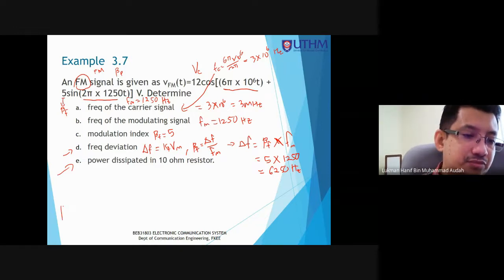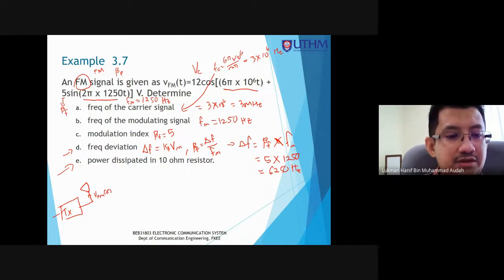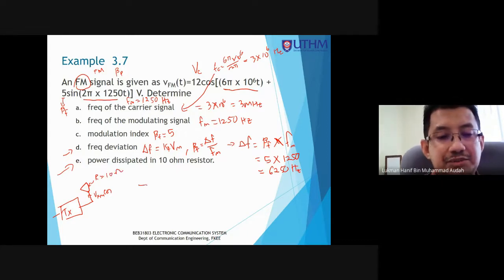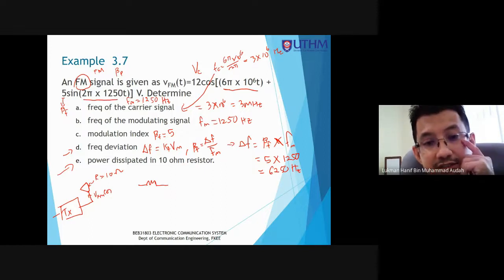Okay, so this is a transmitter. Remember that we supplied a VFMT to the antenna, and this antenna has R equal to 10 ohm. Dia bukan resistor macam ni, sebenarnya dia merujuk kepada antenna resistance.